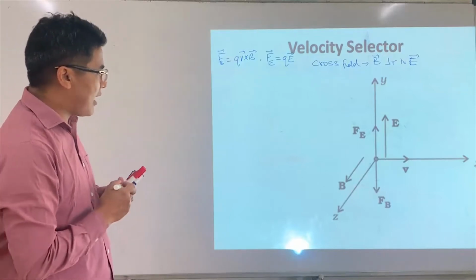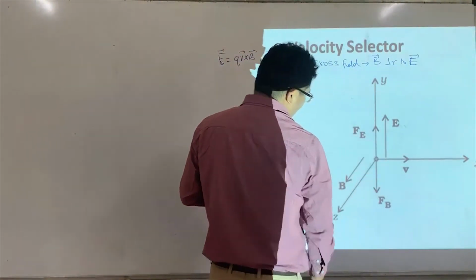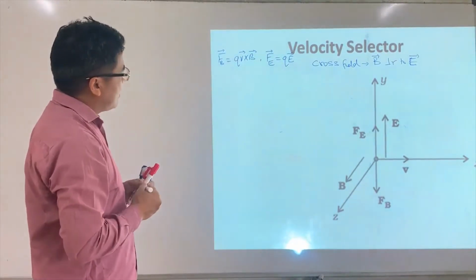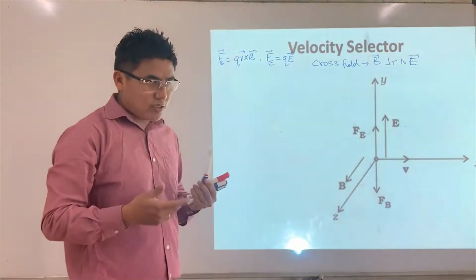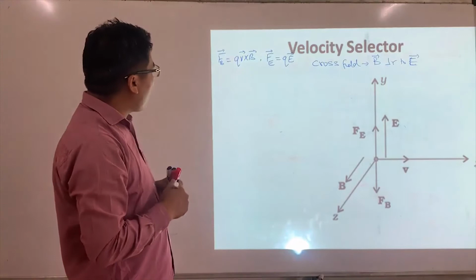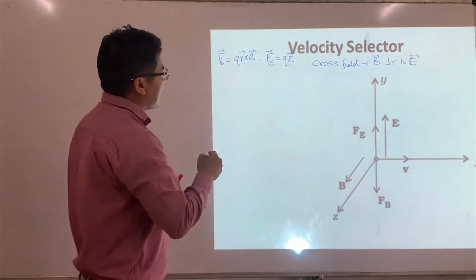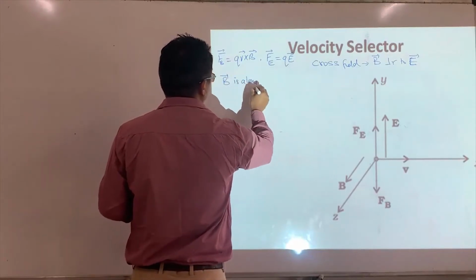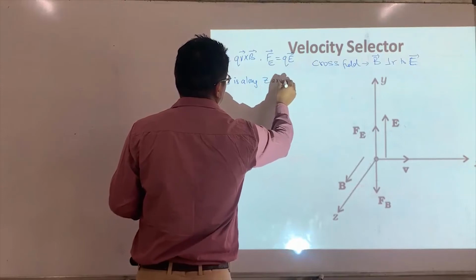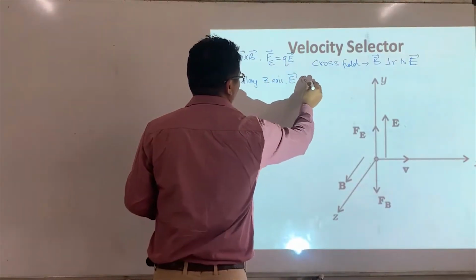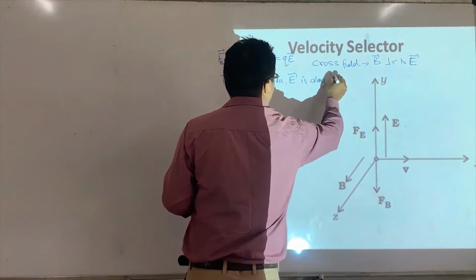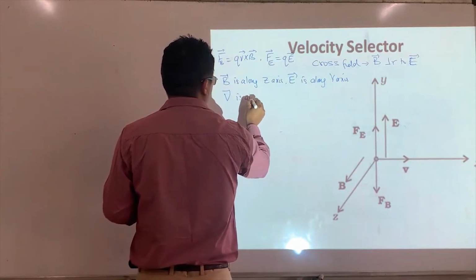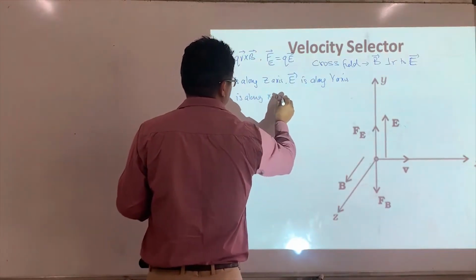So in the diagram I have here, the magnetic field is along the z-axis and the electric field is along the y-axis. This is what we call cross fields, and I allow a charge to move along the x-axis. So magnetic field is along the z-axis, electric field is along the y-axis, and velocity is along the x-axis.